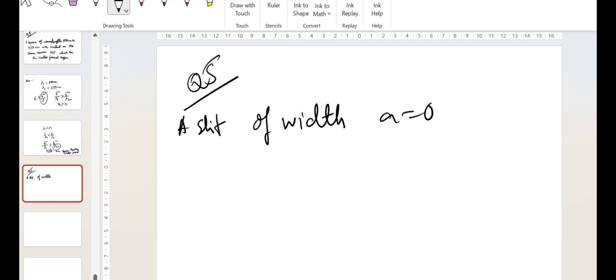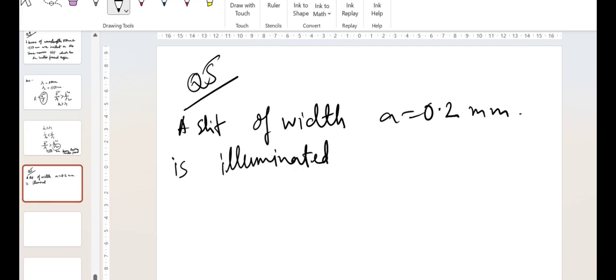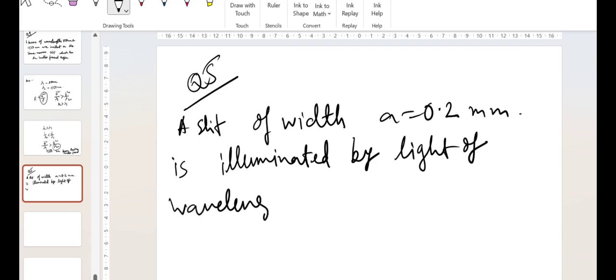Question number 5. A slit of width 0.2 millimeter is illuminated by light of wavelength lambda is equal to 550 nanometers.